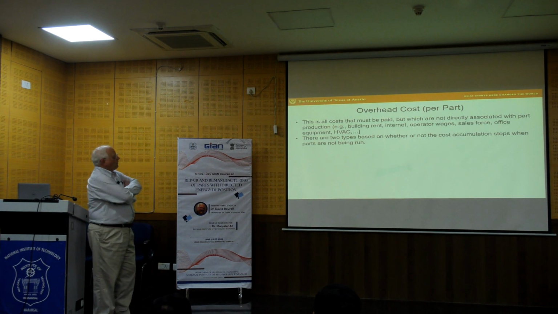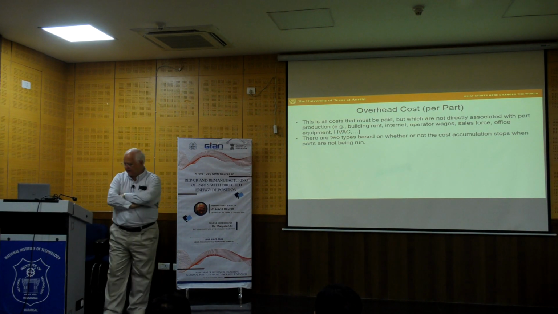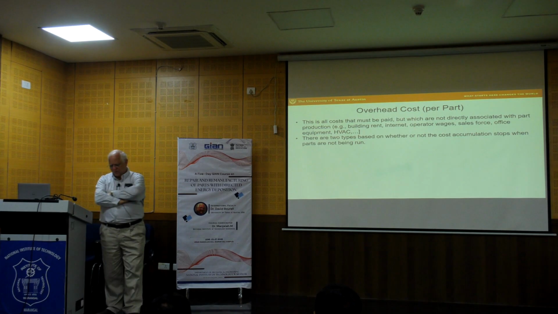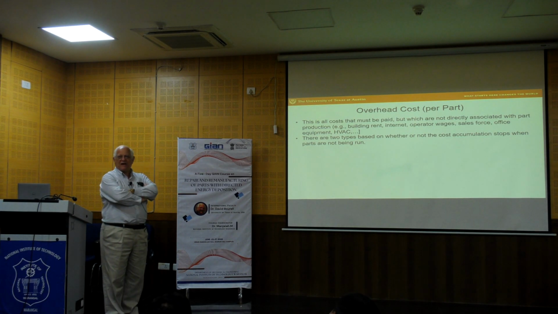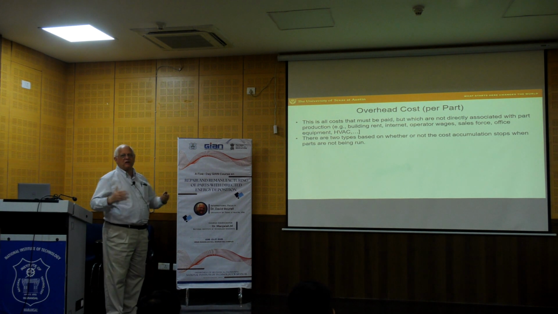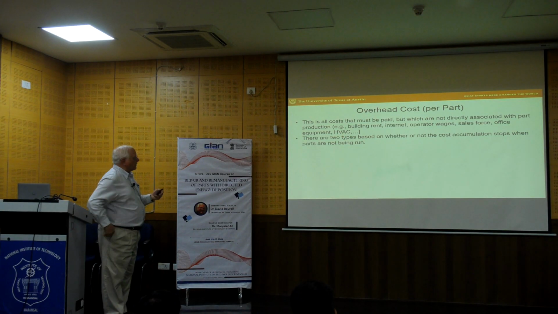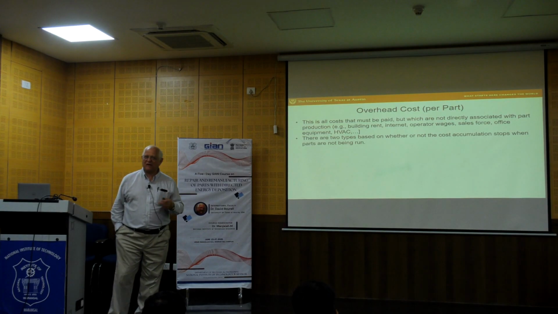Okay, so here the overhead cost is the last of the terms that we have, and the overhead cost, it's everything else that has to be paid. It's not directly associated with part production. So here are some examples: the building rent, the internet, operator wages, the sales force, the office equipment, the air conditioner, the heater.